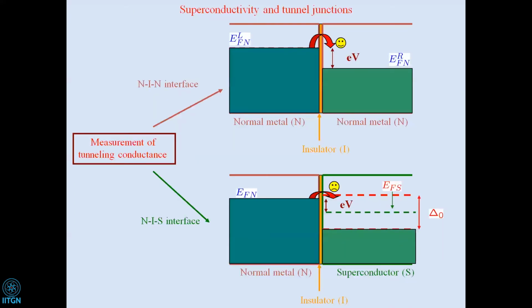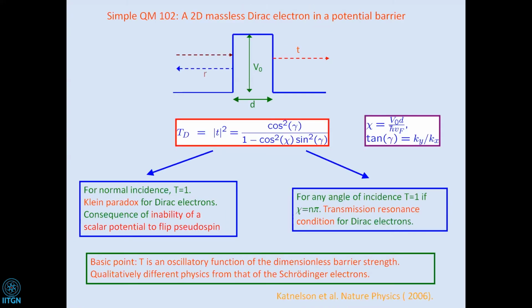Okay, if not, let me just go ahead. So now I'm going to tell you about a story which we were a part of, in which we found out how this basic physics manifests itself in tunnel junctions in graphene.